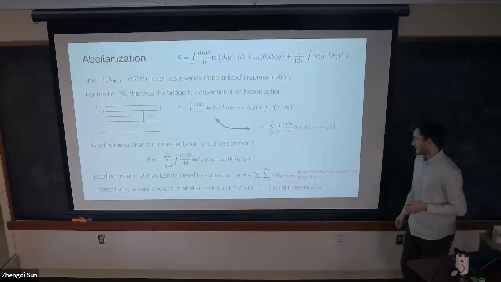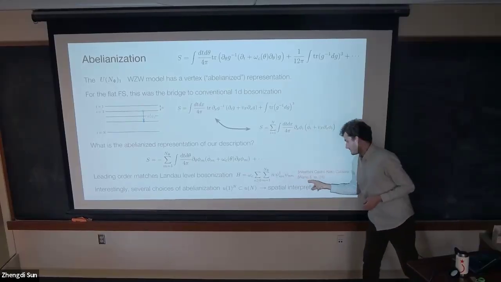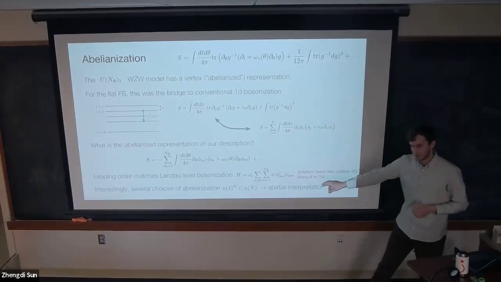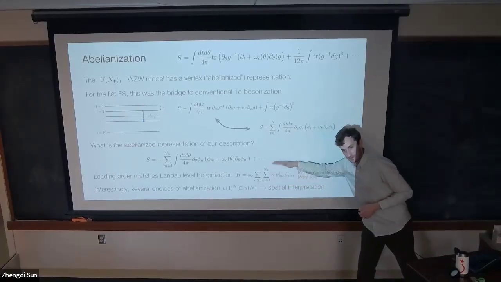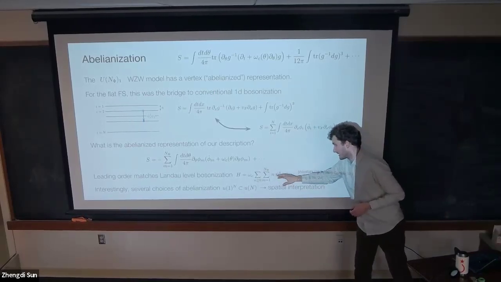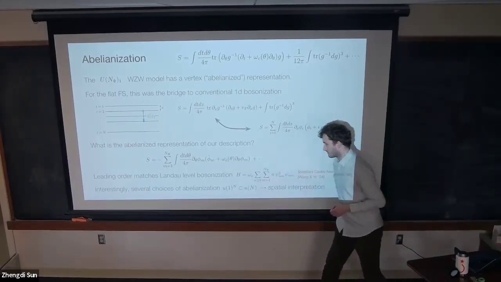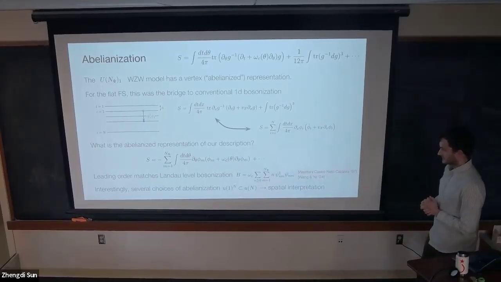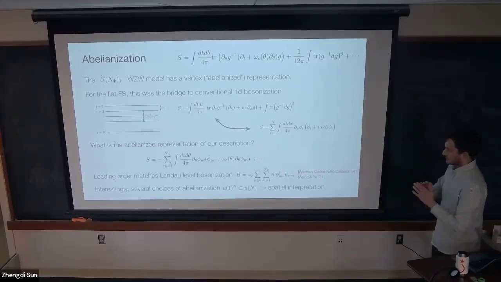Okay. And so what these people propose is to just do one-dimensional bosonization of these, just view this n as space, and so as momentum space. And what they obtained actually agrees with the leading term in this abelianized description. So there are some advantages to both descriptions.